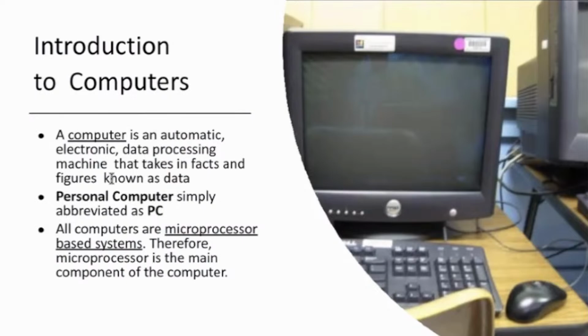I guess we have many versions, many types. You have to choose one of them. According to the version, the prices differ. Okay. So the microprocessor is the main component we have to focus on.